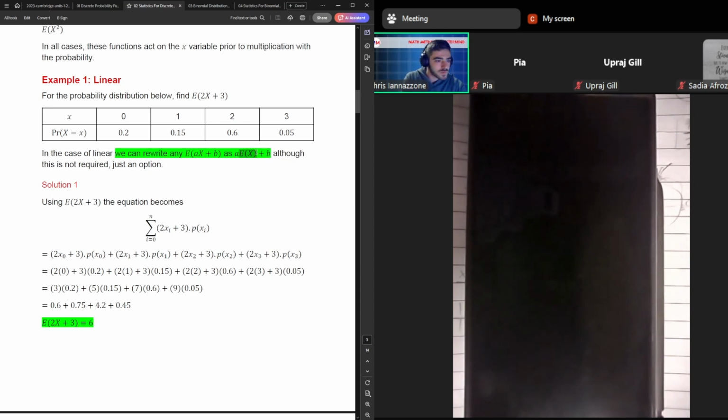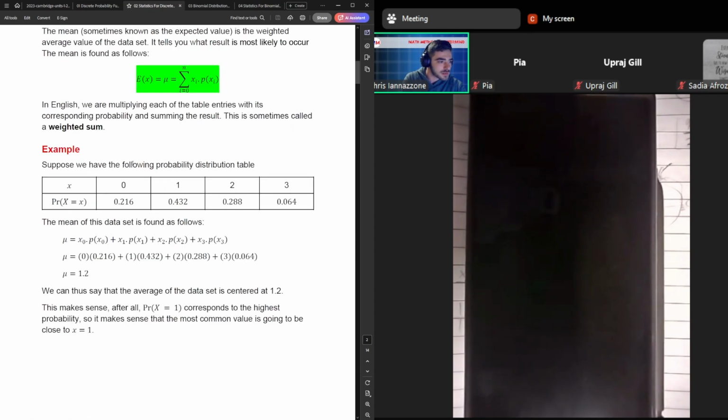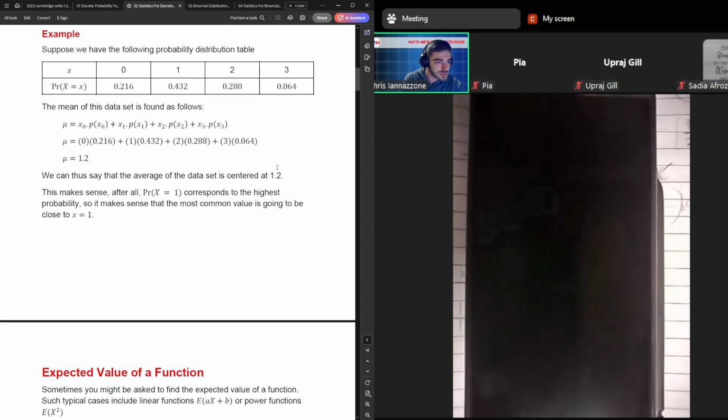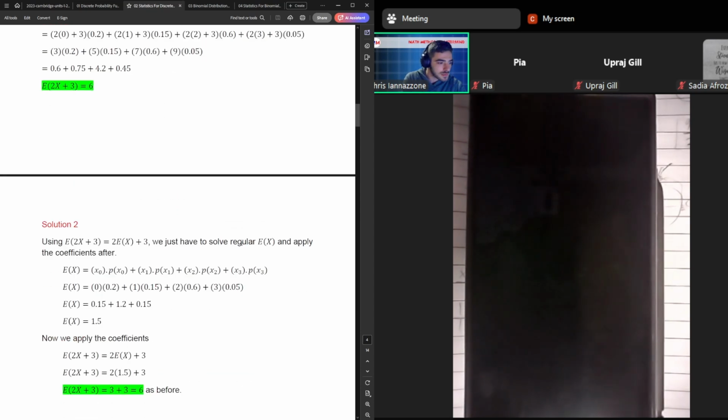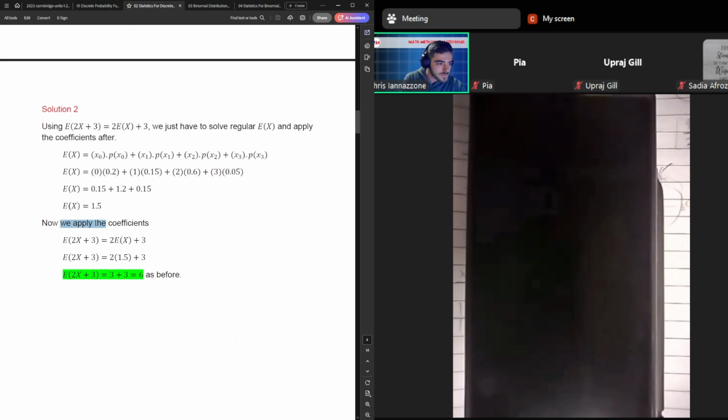So that leaves you with a situation where you're just solving E of X like you've done up here. So just regular old x times probability. And then multiply the whole thing by a, and then add b at the end, which is what this looks like.